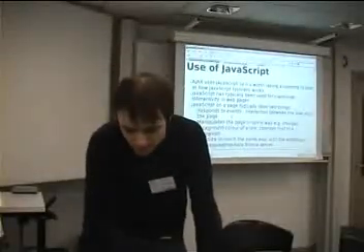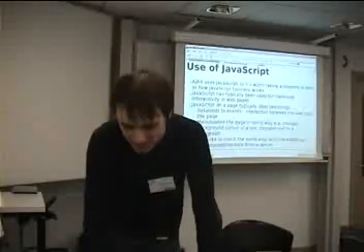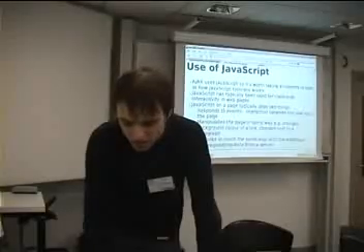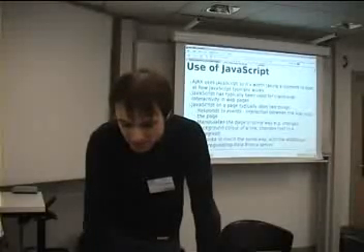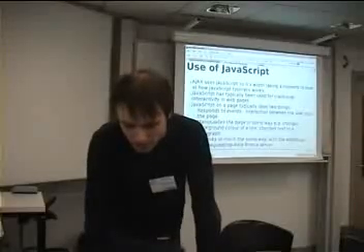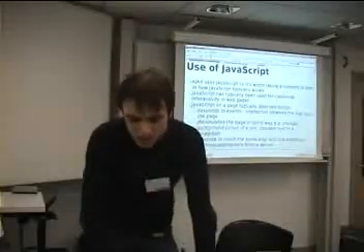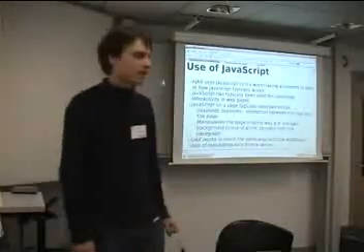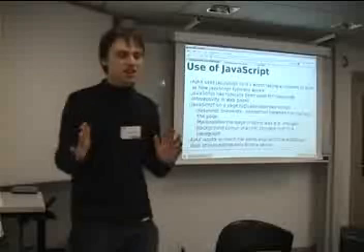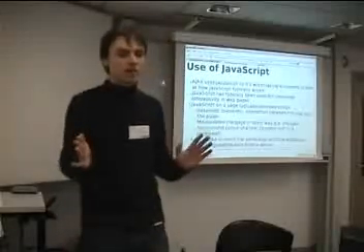Okay. Now, in terms of how JavaScript works in a general sense, the key things about JavaScript are events and manipulating the web page. So JavaScript on a web page typically does two things. It responds to an event, and an event is essentially the user interacting with the web page.